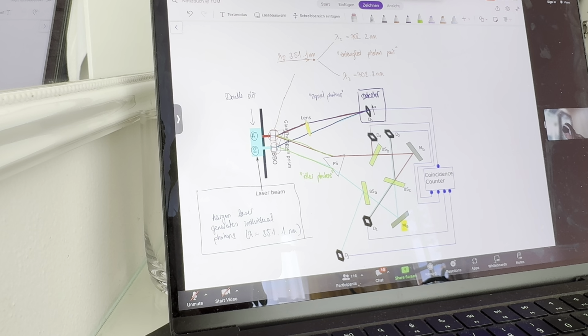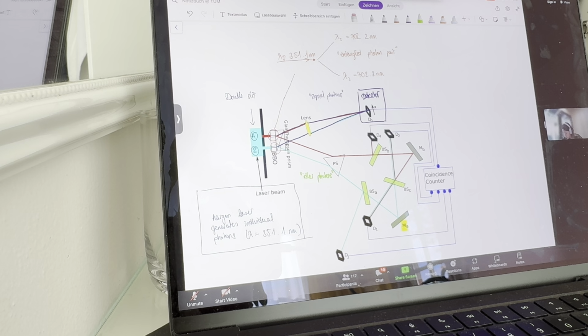If you have a look, I will erase this one here and this one here, and I will now only look at the photon that is produced by one photon entering slit A, and then these two entangled photons are produced.